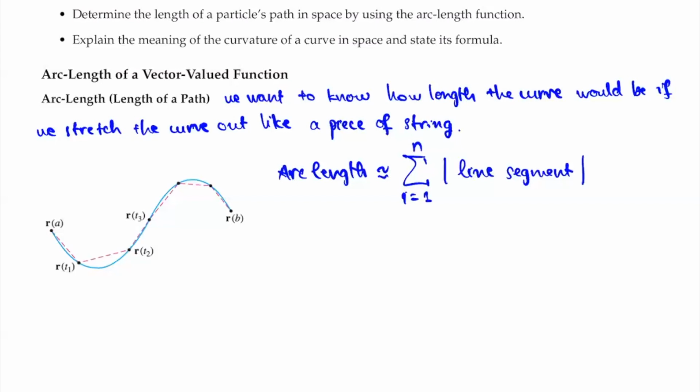To increase the accuracy of the approximation, they increase the number of rectangles to infinity. Same idea here, right? To measure the arc length of the curve, you put in a bunch of points, find the distance between the 2 points, add them up together, and increase the accuracy by taking the limit as n goes to infinity.